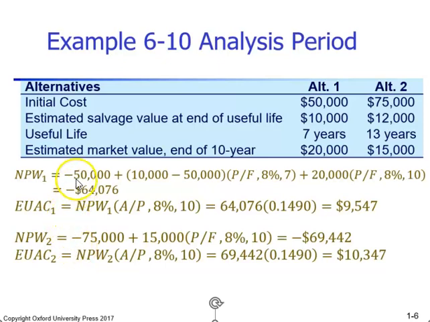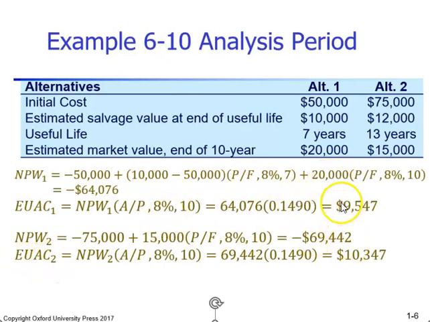For the answer, we have calculated the net present worth first. For the alternative one, since we have two initial investments, for the first one we have 50,000, for the other one we have 40,000, and the present value of everything, including the salvage value of the second machine that we purchased, 20,000, and that's it.